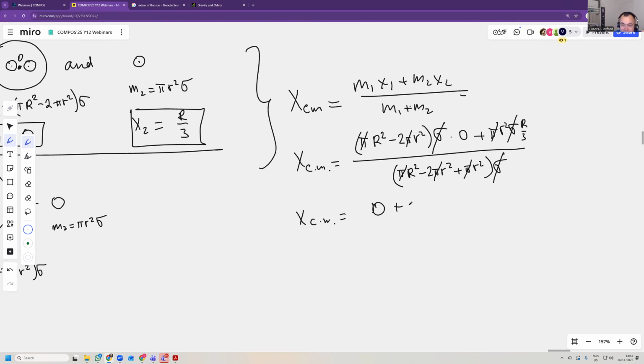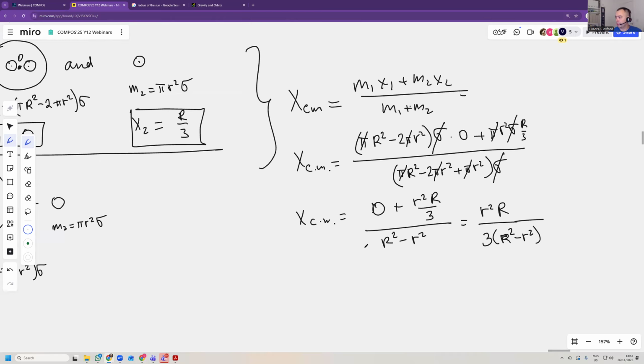Okay, 0 plus r squared r over 3 over r squared minus 2 r squared plus r squared, which is r squared r over 3 over r squared minus r squared. Lovely.